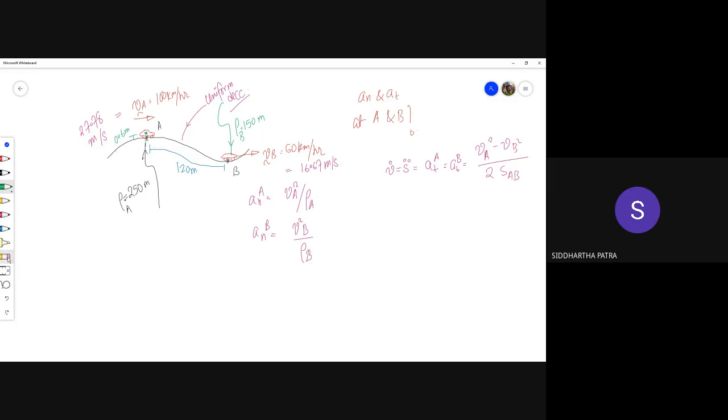So if you consider it correctly, you need to take the center of curvature of the locus of the center of mass. So basically you should be taking a path which needs to be corrected like this.